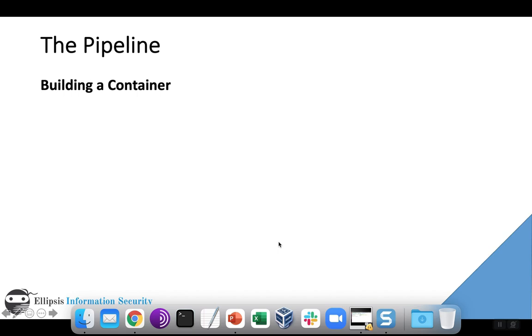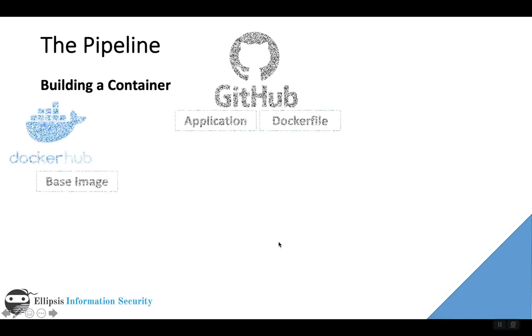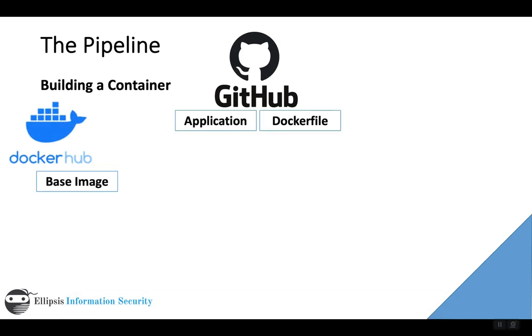Using the code in the build project, the container image can be built from the base image and the application. The base image is going to come from the image repository, which can very well be different than the code repository.